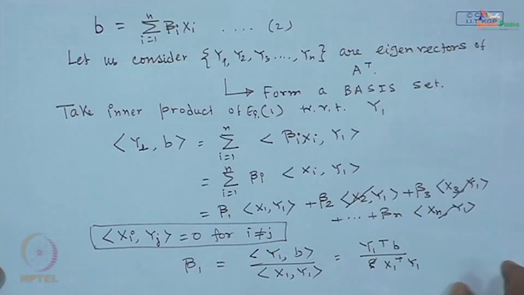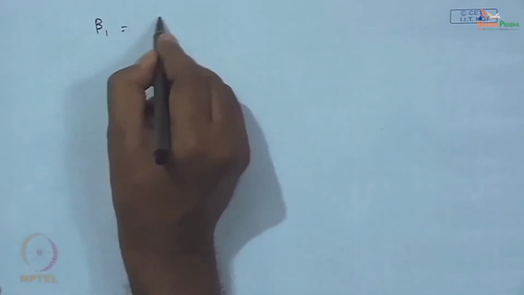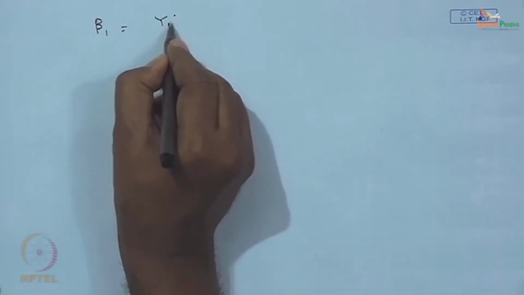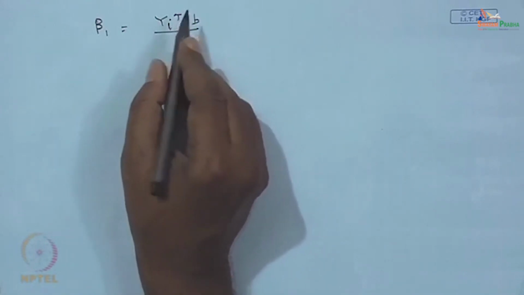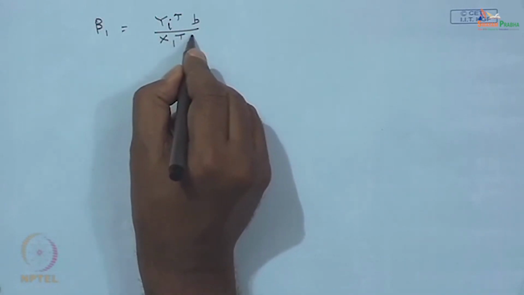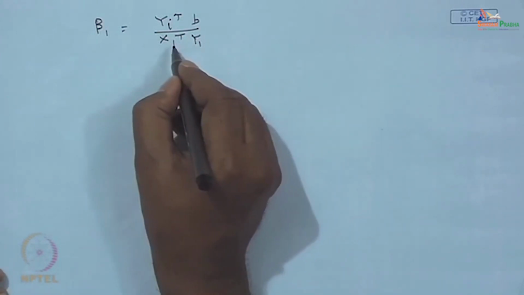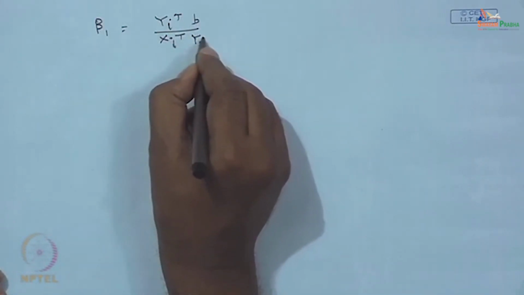You can generalize it, and we will be able to get the form of beta i as y i transpose b over x i transpose y i.